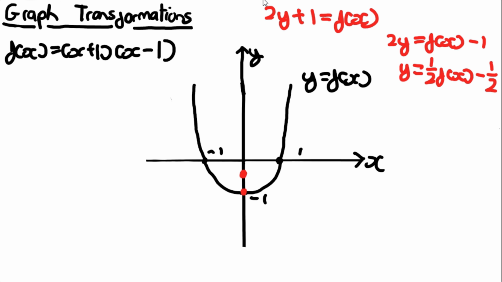But the effect of the squeeze from the half is still going to be present, in that if you sketch this previous graph here, it's going to look like this. So if we actually move this down by a half, what's actually going to happen is the roots are going to become bigger. So if we sketch this, it is going to look like this.